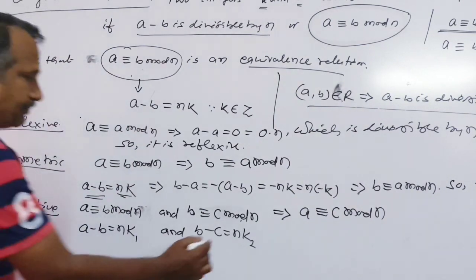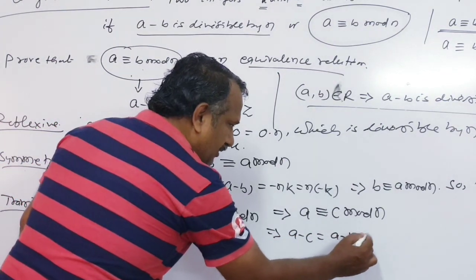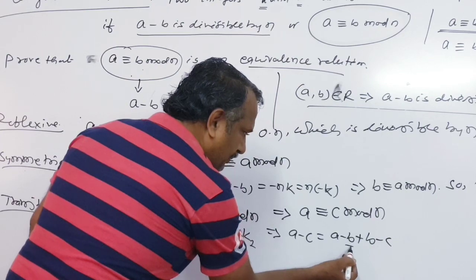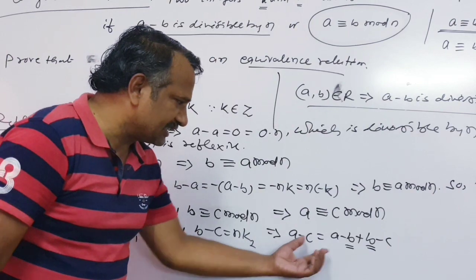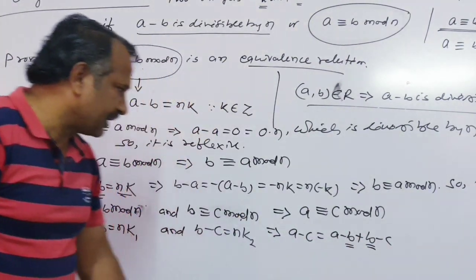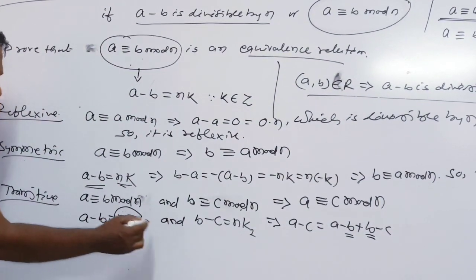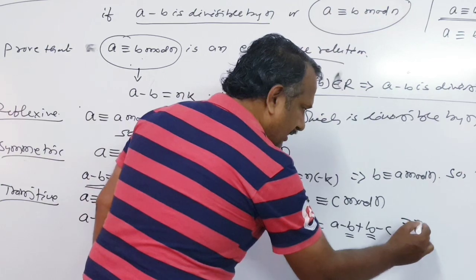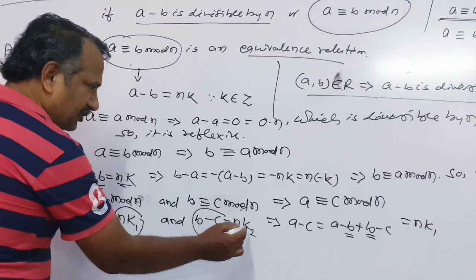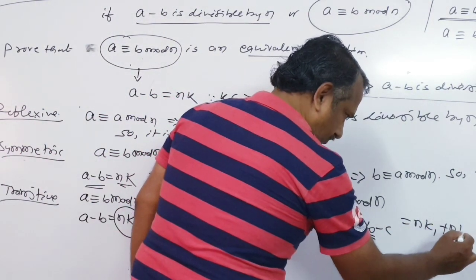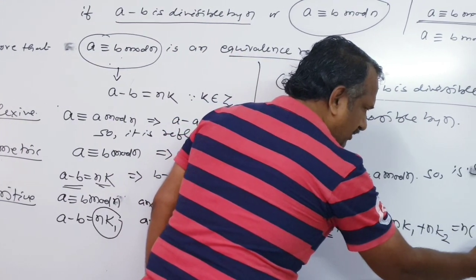Then a minus c equals a minus b plus b minus c. Now you subtract b and add b. Same thing, a minus c can be written as a minus b plus b minus c. What is a minus b? Given nk1. What is b minus c? nk2. Now take out common n: n(k1 plus k2).